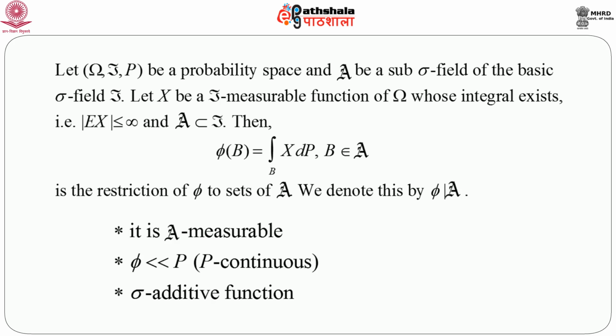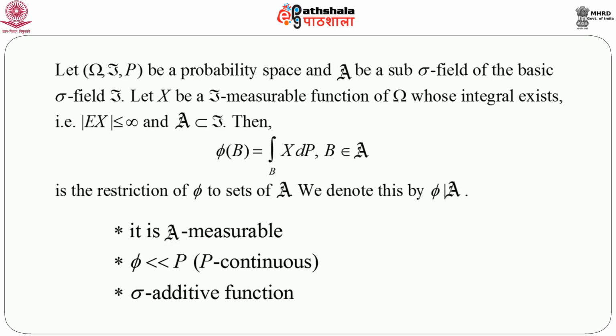Now, we can define a function which is F-measurable, and we call this function X. So, let X be a measurable function on Ω whose integral exists, that is, the expectation of |X| is less than infinity, and A is a subset of F. Then we can write φ(B) equals the integral over B of X dP, where B belongs to A, and A is a sub sigma field.